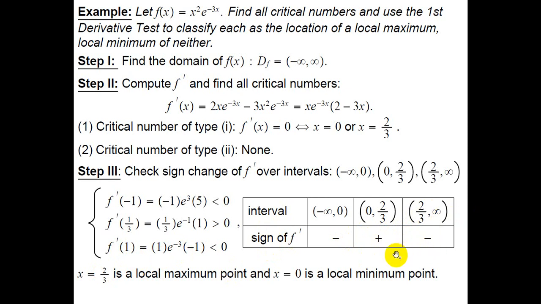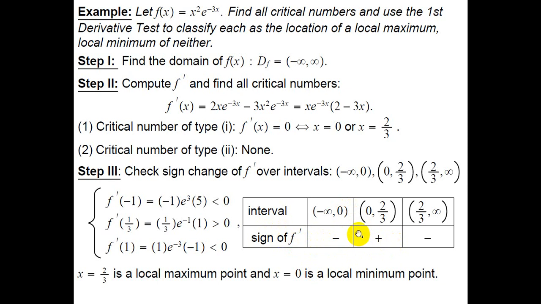That means it has two extremes, and the extremes are at 0 and 2 by 3. At 0, the sign of f prime is changing from negative to positive.